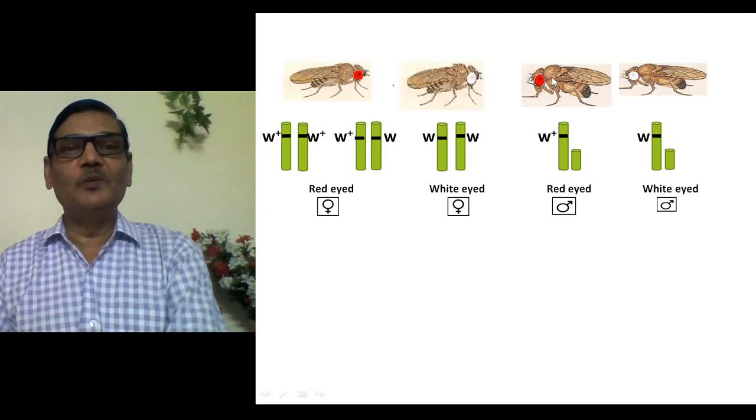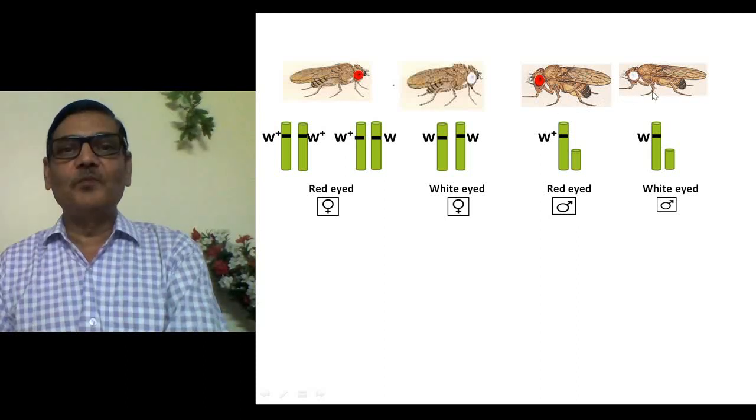And those males which are red-eyed, genotypically they are W plus, where the plus allele is the normal allele. So it is present on the X chromosome. This small chromosome is the Y chromosome. So these males are XY, and there is presence of the normal allele here.